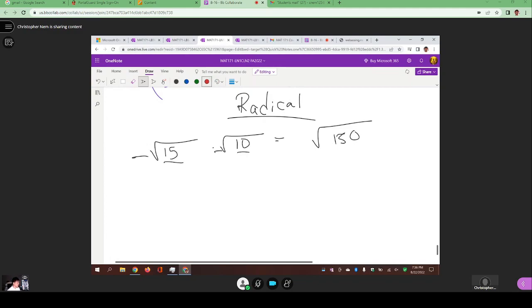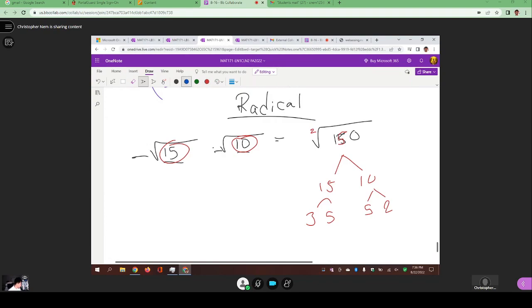Now we can do that little factor tree that we've always been working with. This is a 5, by the way. If I do the factor tree, I get 15 and 10, obviously. I get 3 and 5, 5 and 2. I say obvious because these were the numbers that we multiplied initially. And then if we do our factor tree, the index here is assumed to be 2. It's assumed to be 2 if you don't see it, which means I need pairs of the exact same prime numbers.